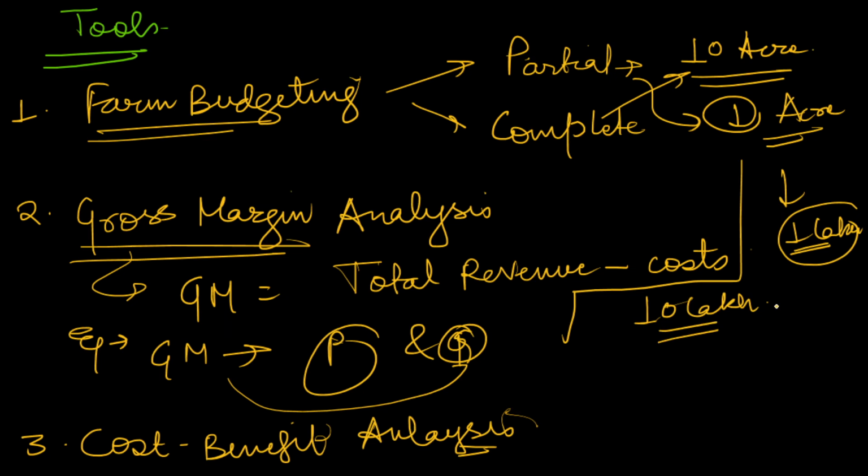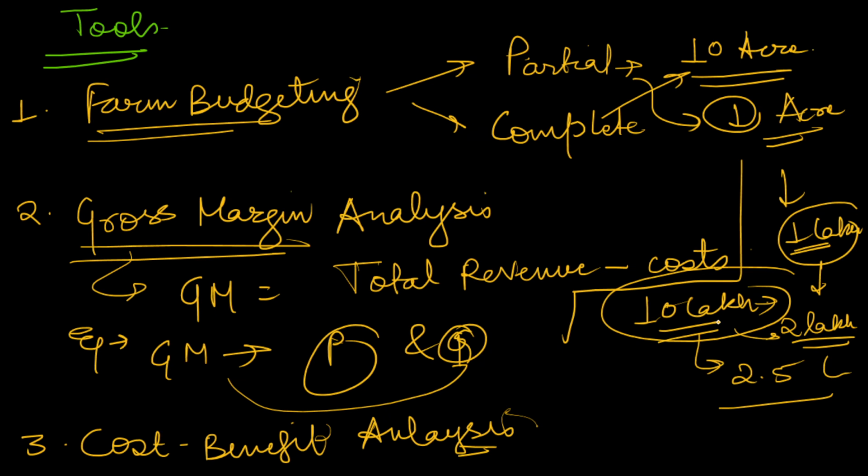And now, after buying the tractor, due to its efficiency, our farm income increases to 2 lakh. But when you see, for that year we are on loss. Although that year our cost is more, our future benefits will be higher, because instead of earning 1 lakh per year, we will now earn 2 to 2.5 lakh per year. So in 10 years this cost will be gone, and after that there will be all income.